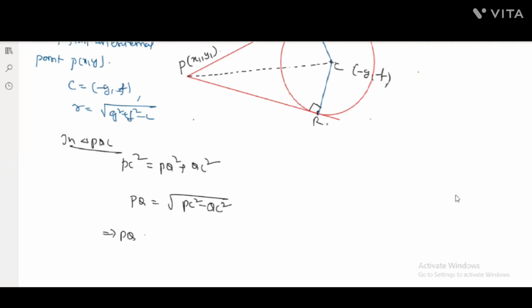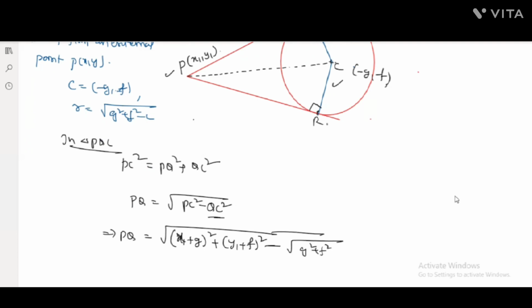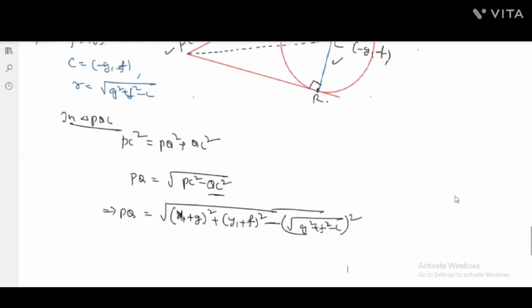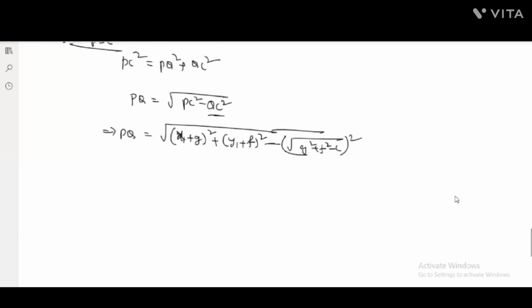So PQ is equal to root over PC, the distance between the outside point and the center of the circle, that is (x1 plus g) whole square plus (y1 plus f) whole square, minus QC, the radius, that is root over g square plus f square minus c, whole square. So here square and square root will get cancelled.